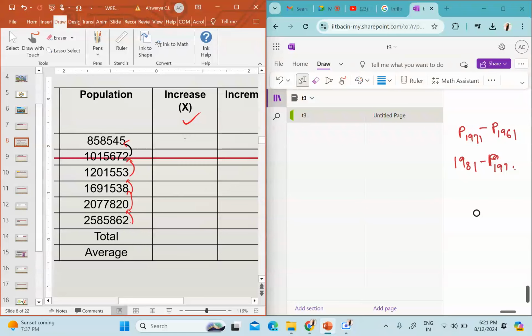You can just see and tell whether you got the correct answer or not.